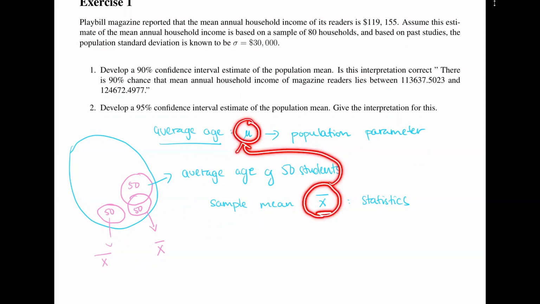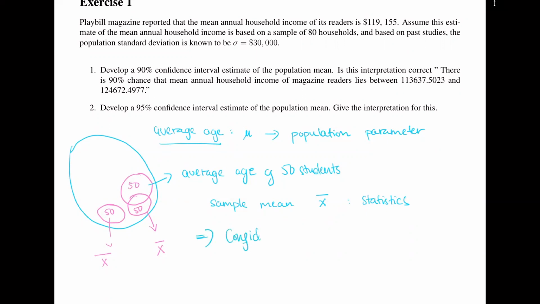We want to use the information we have from our sample to estimate the population parameter. So that's where confidence interval comes in. So we have the concept of confidence interval.